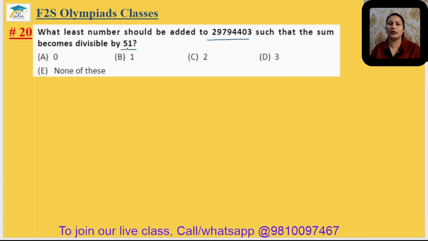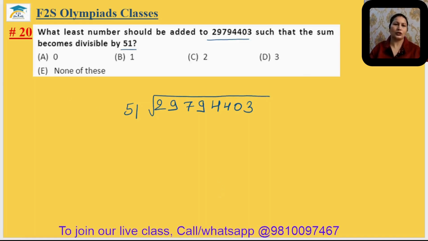So let's do it, then you can understand better. The number is 2979403, divide by 51. You can divide it yourself.